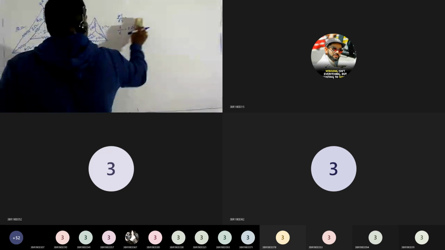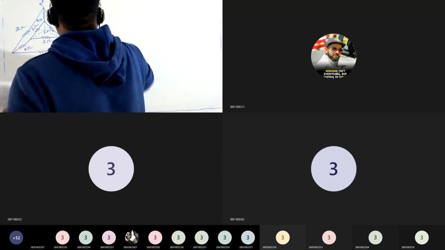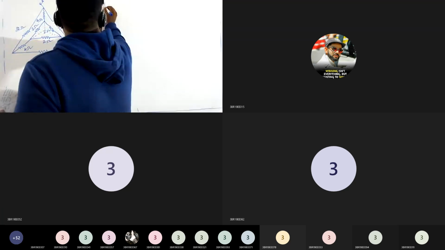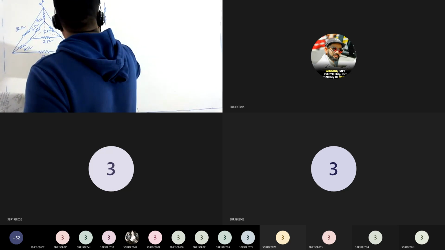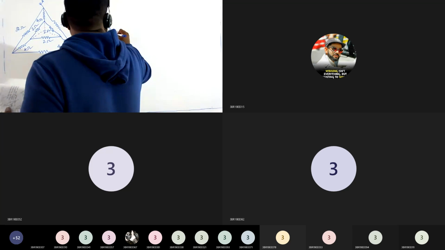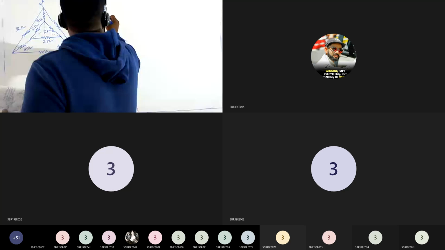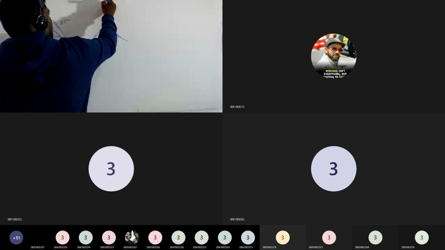Now I'll try to redraw the network. So this 4 ohm will come in series here like this. So this is the transformed network, delta to star.